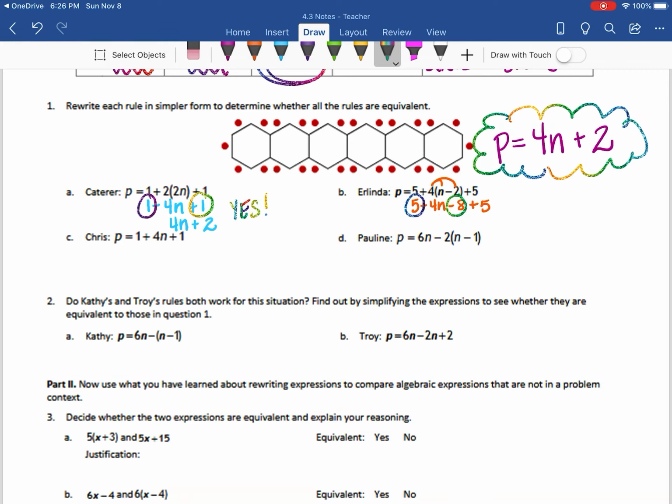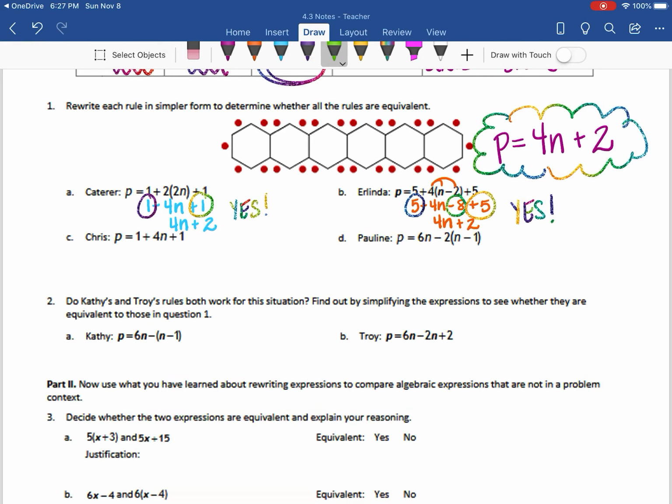I can combine 5, negative 8, and 5. If I do that, I still have my 4n, and then 5 minus 8 is negative 3, add 5 is 2, so 4n plus 2. So yes, that one is also equivalent.